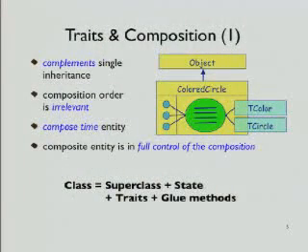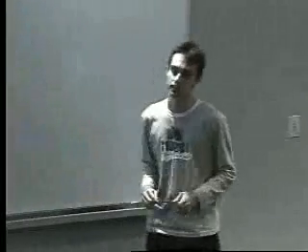Now, how can we compose traits and classes? Traits do not introduce a completely new model, they only complement single inheritance, which is pretty simple. A nice thing in the trait composition is that the order is completely irrelevant, which is a big difference to mixins.